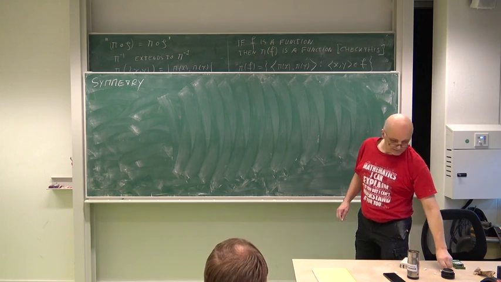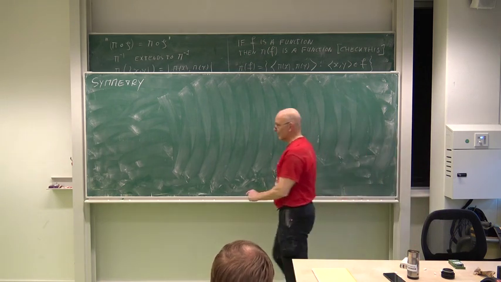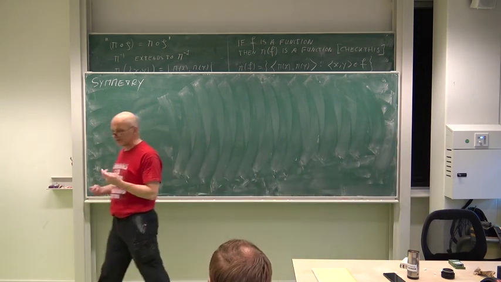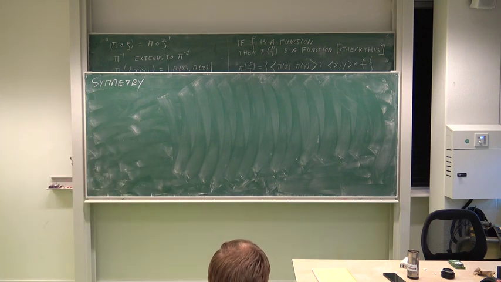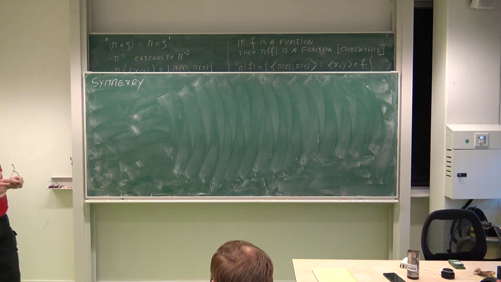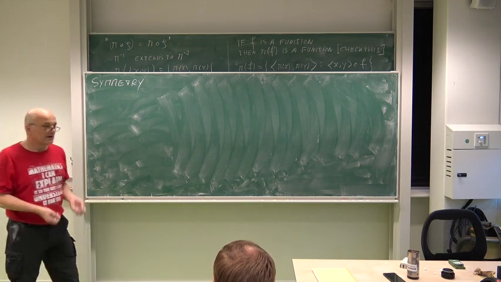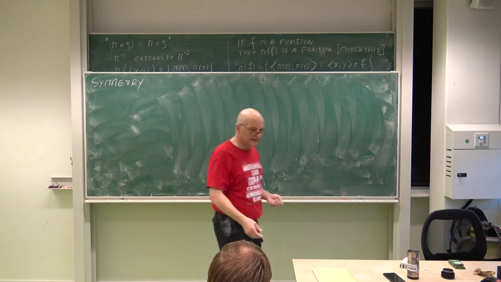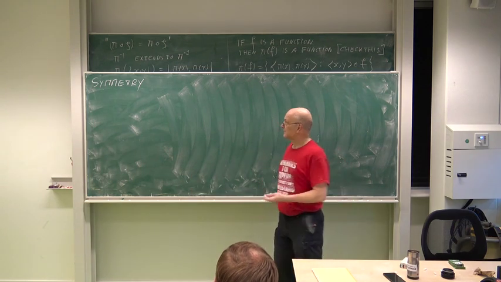Okay, so now we introduce yet one more notion, that of symmetry, and that is going to help us spoil things like maximum choice and everything. What do we mean by symmetry?